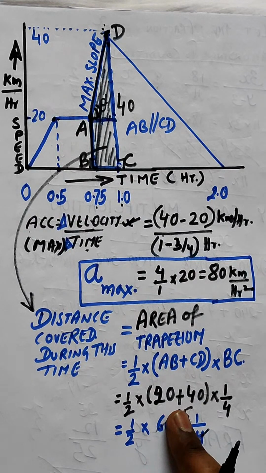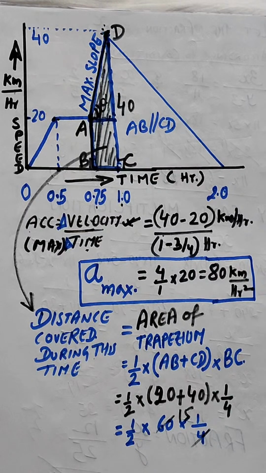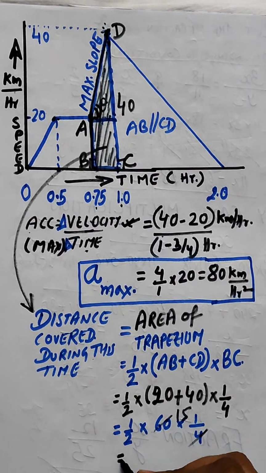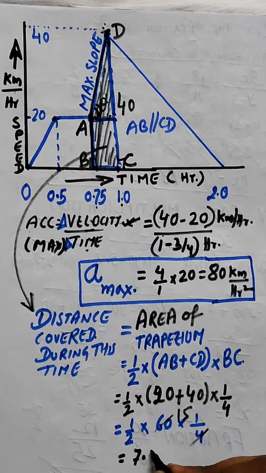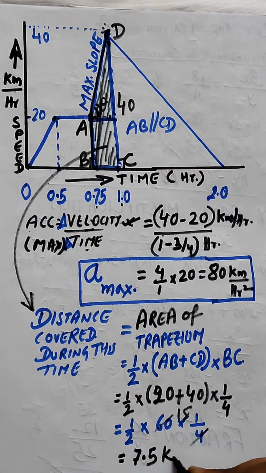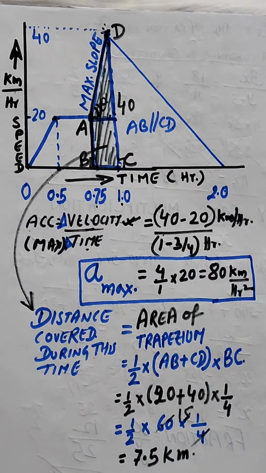So here you can see the value is 15 by 2, which is coming as 7.5. 15 by 2 is 7.5 kilometer. 7.5 kilometer, right?